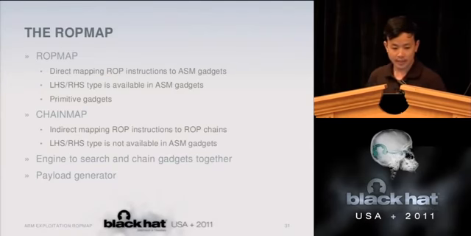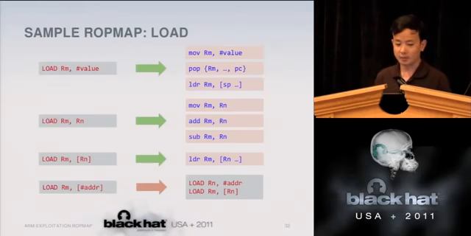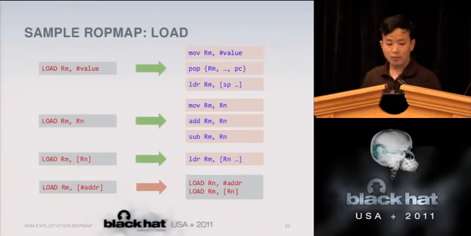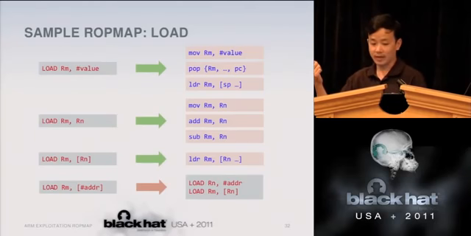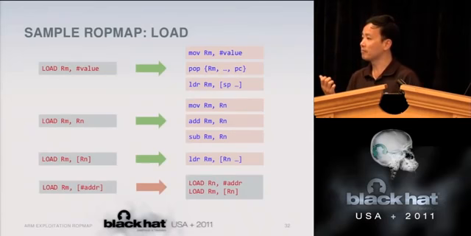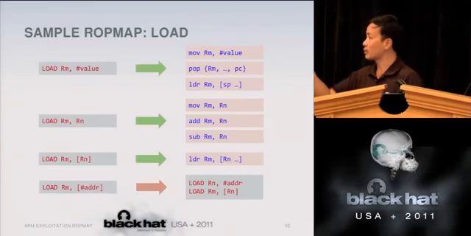Here I will show a simple ROPMAP for the load instruction. The idea is simple. Let's say you want to load a register with a value. Among the available assembly gadgets, the instruction can be move value to register, or a pop instruction to pop a value from the stack to the register, or the LDR instruction to load a register from the stack.